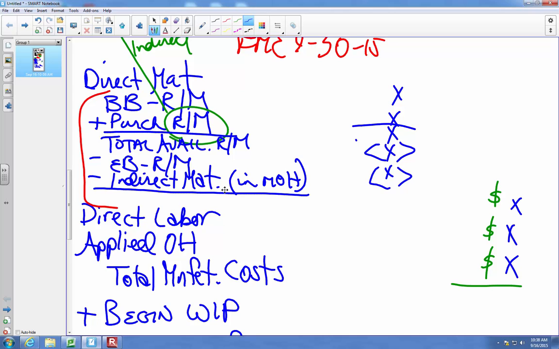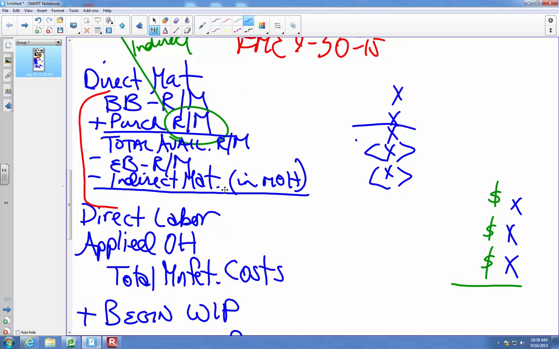Under materials, can you just look at the, no, you've got another mini model. And that's the beginning balance, raw materials, plus purchases, minus ending balance, raw materials.